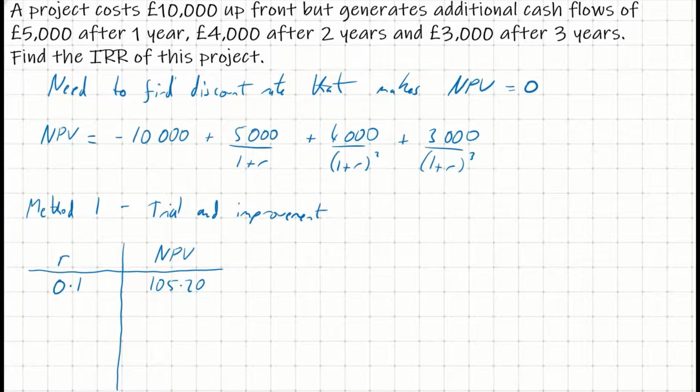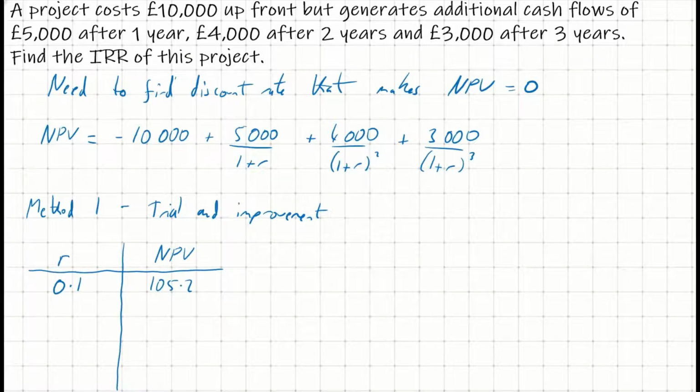I only rounded to one decimal place. Because this NPV is positive, that means the discount rate is going to be higher than 0.1.